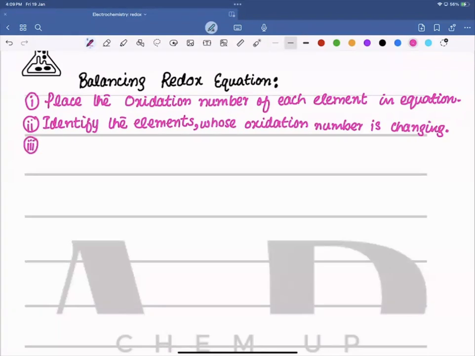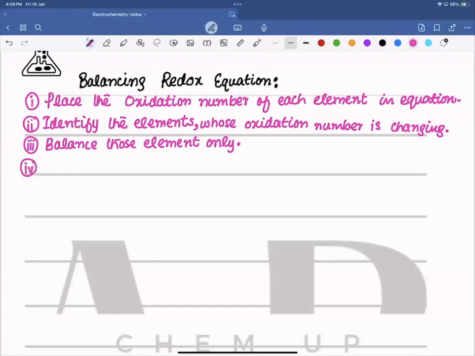Number 3, if you have identified the elements whose oxidation numbers are changing, balance those elements only, not all the elements, just balance those elements only whose oxidation numbers are changing in the equation.